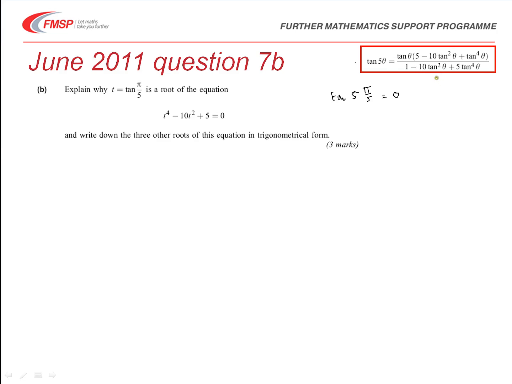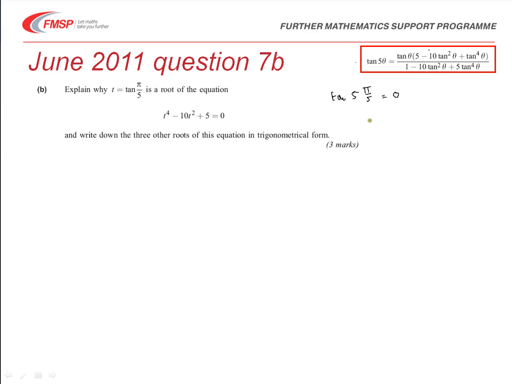Well, there's two ways that could happen. Either the tan theta is equal to 0, which would mean theta is 0, or the expression here in the brackets must therefore be 0.